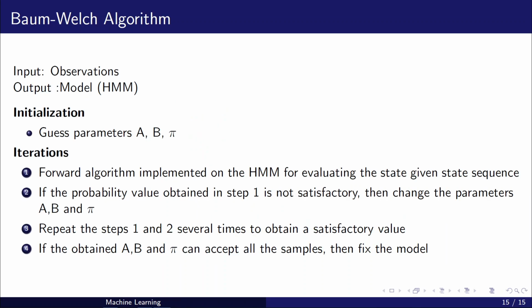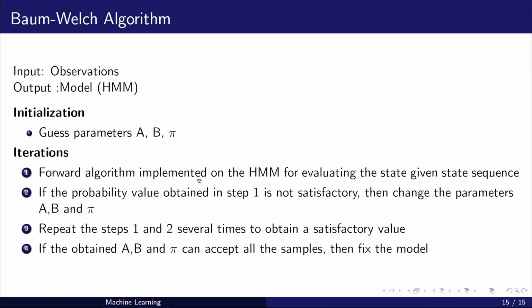So let's look at this Baum-Welch algorithm, which is doing all these things with the help of expectation maximization. The input is the observations and the output we require is the model, that is, the lambda needs to be identified. In the initialization step, the parameters A, B and pi are guessed.